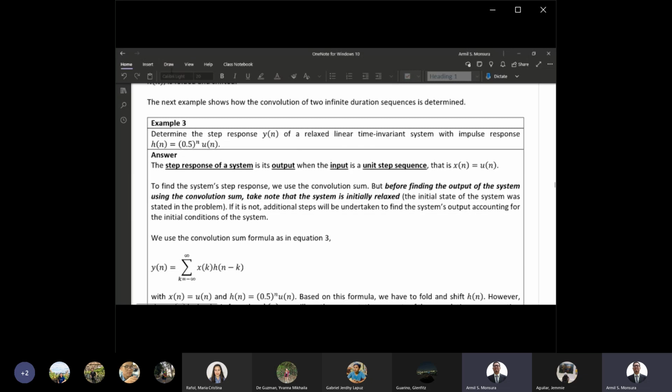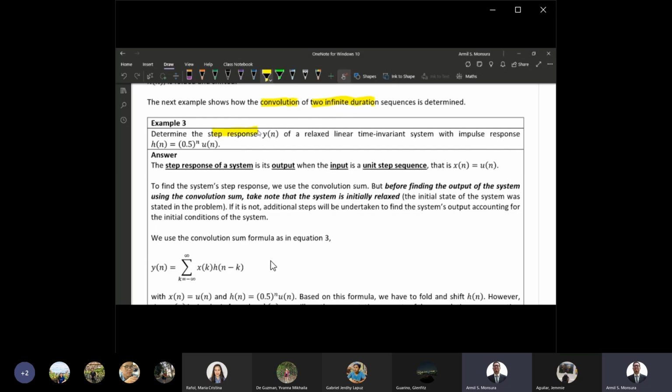Now, in this example, we will attempt to determine how the convolution sum is determined for two infinite duration sequences. So again, pag sinabi niyo infinite duration sequences, yung length ng sequence niyo is infinite. Okay?